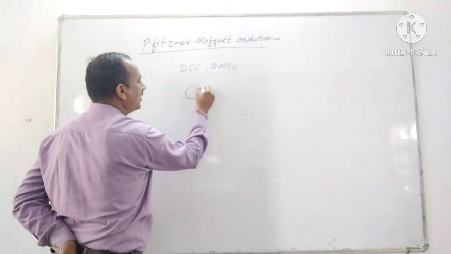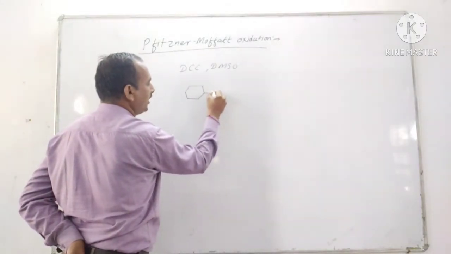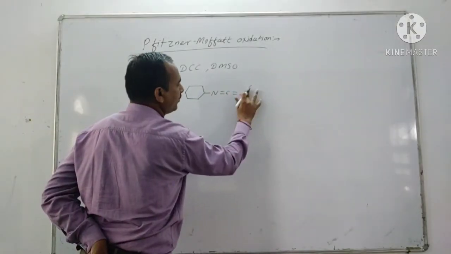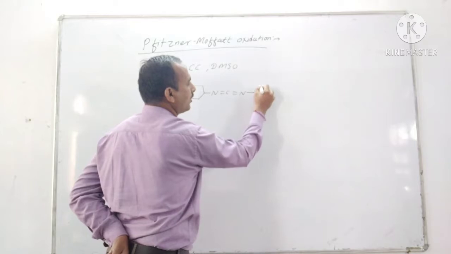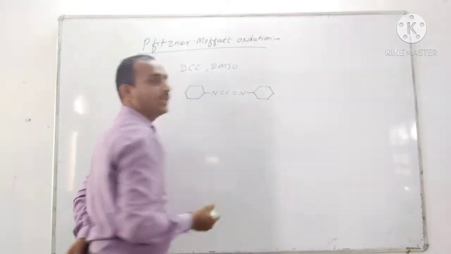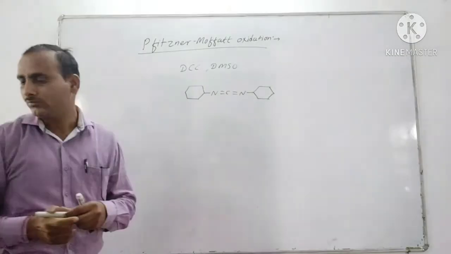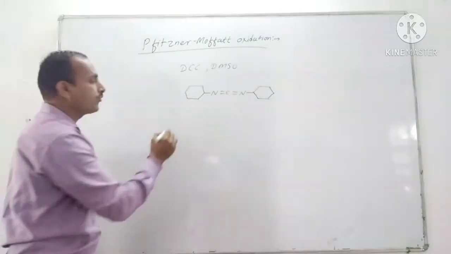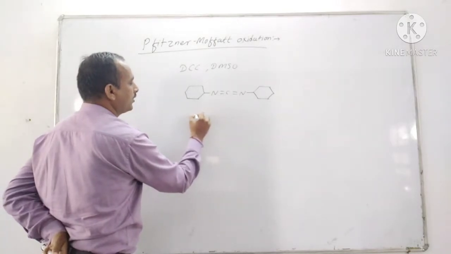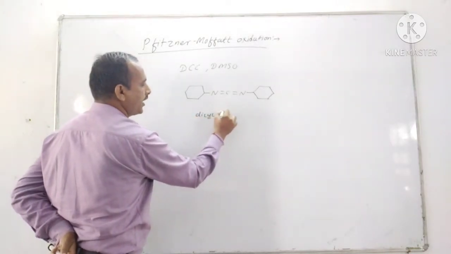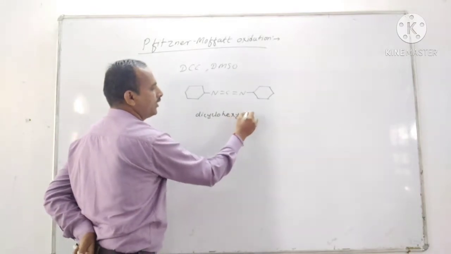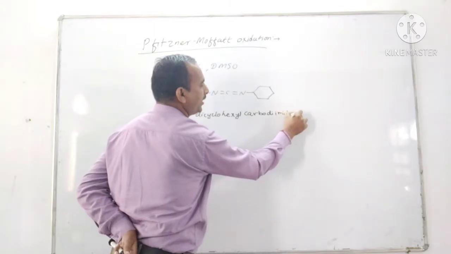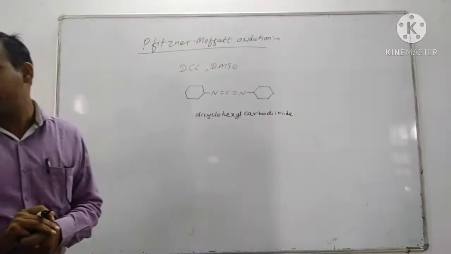DCC is dicyclohexylcarbodiimide. So dicyclohexylcarbodiimide is called DCC.